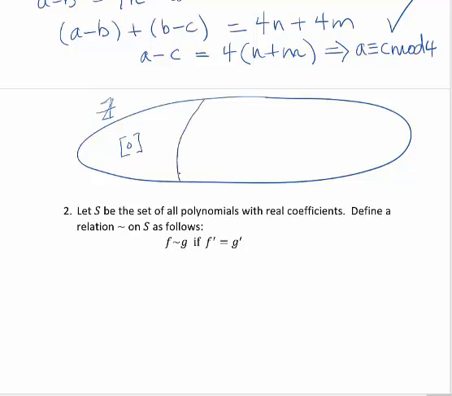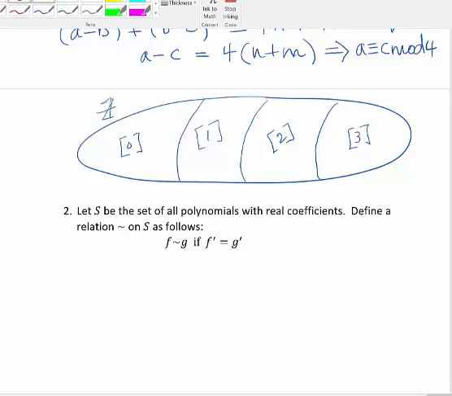And we'll have another part of the integers blocked off here for all of the integers equivalent to 1 mod 4. And we need all of the integers equivalent to 2 and all of the integers equivalent to 3. Now every integer will fall into one of those subsets, won't they?